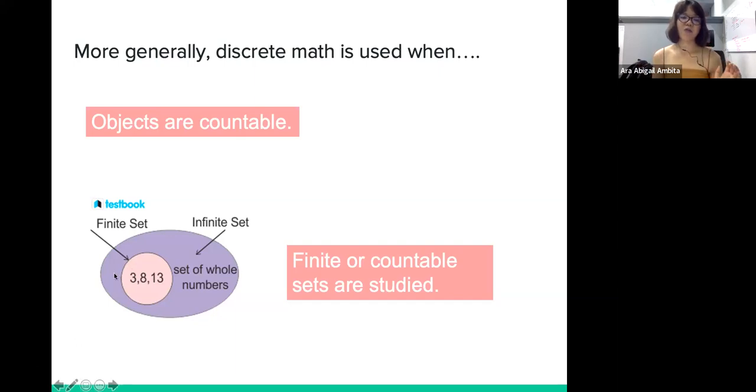Meanwhile, for the finite set, there is an end, or the elements may be counted. For instance, this finite set only includes 3, 8, and 13, and we know that there are only 3 numbers included in this set. So we can consider this a finite or countable set.